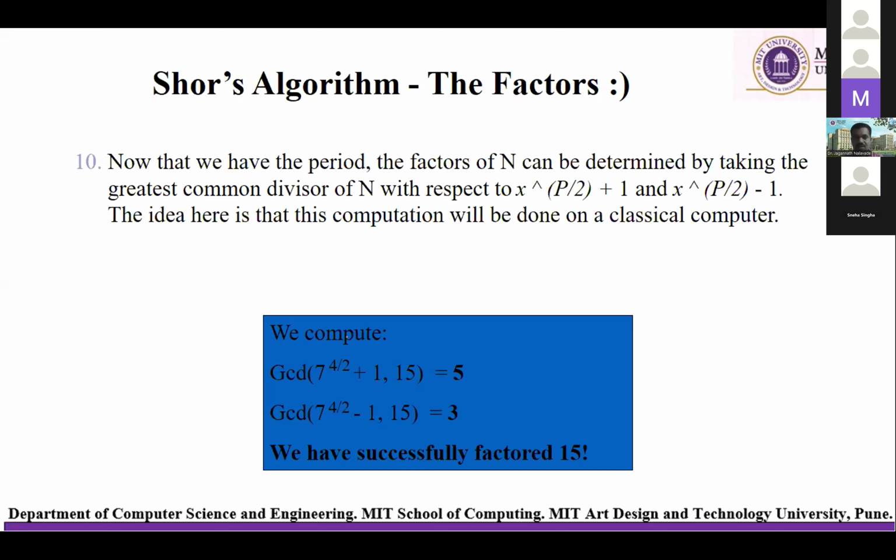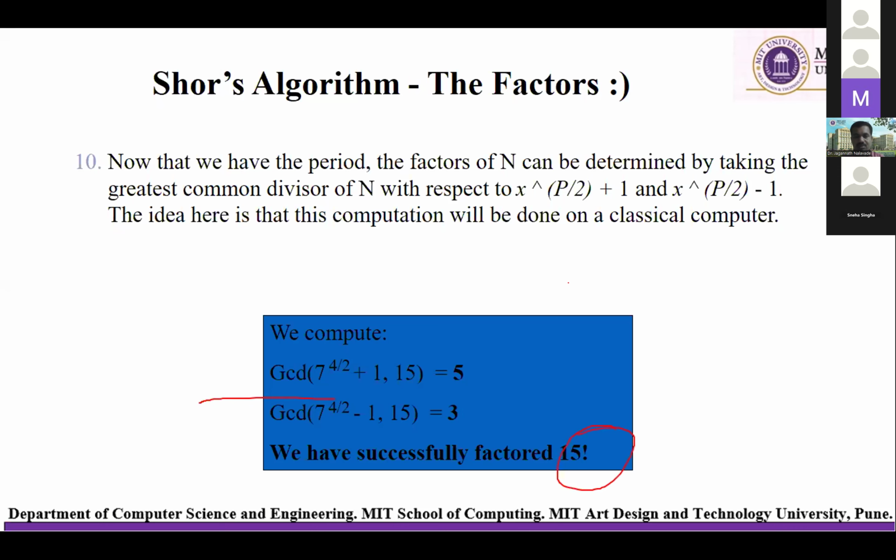So we can compute GCD of 7 raised to 4 by 2 plus 1, comma 15, and if we calculate here we get 5. And GCD of 7 raised to 4 by 2 minus 1, comma 15, because p is nothing but the period we have identified, which is 4, the value of this equation is 3. So we have successfully factored the number 15.